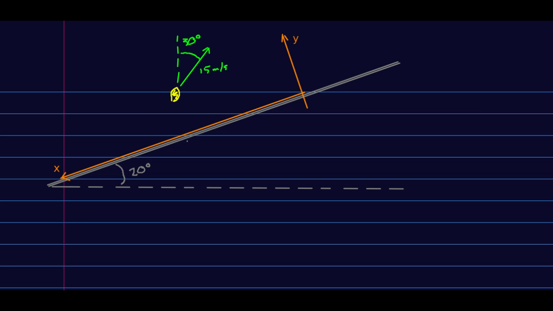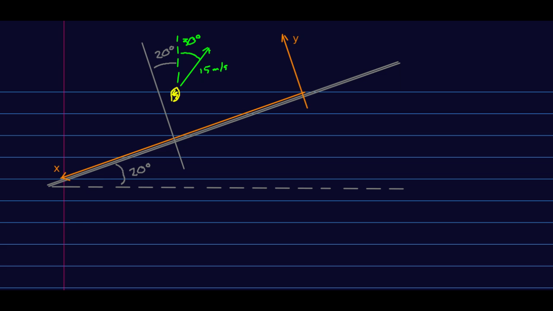Because now, if you think through the geometry of this, here's a perpendicular to the hill. And the thing to notice is that this angle in here is 20 degrees. And that gray line there is parallel with the y-axis.